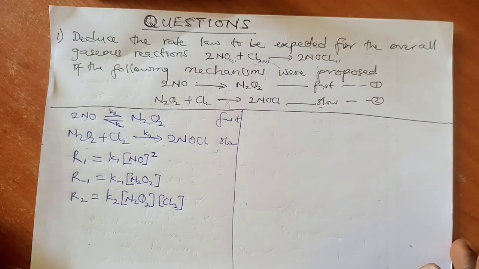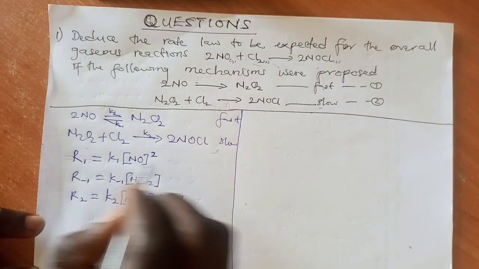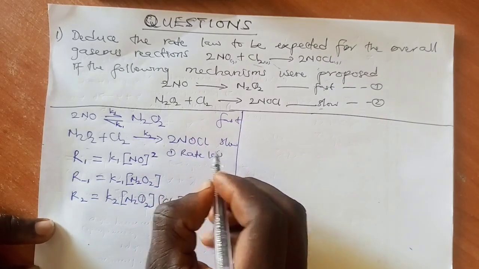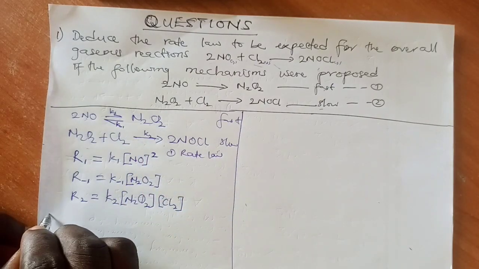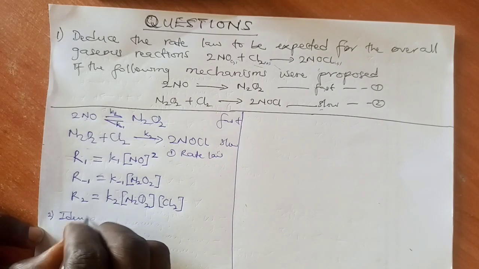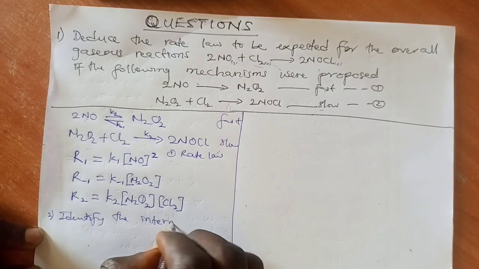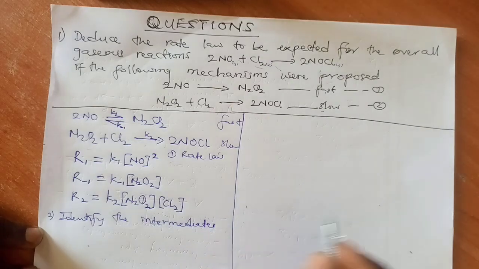After writing this, the next thing you are required to do: I told you number one, write the rate law for each elementary step. The next step is to identify the intermediate.